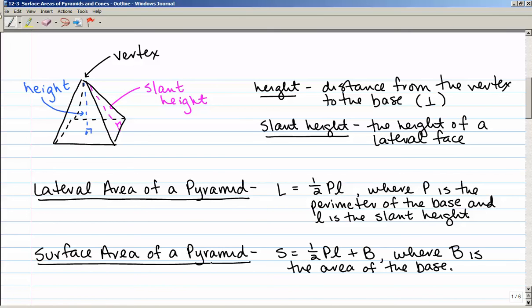The total surface area of a pyramid is given by the formula S equals 1/2 Pl plus B. Notice 1/2 Pl is the lateral area, plus capital B, where B is the area of the base. And you can have pyramids with all sorts of different polygons as bases, so that's why it's generic and it's just a B.